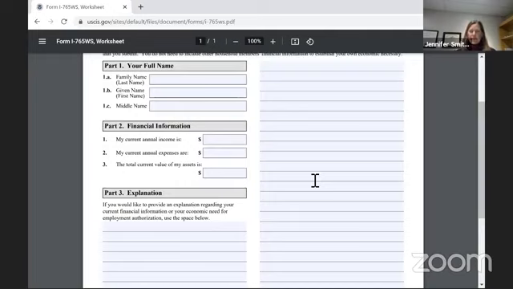Una otra parte de DACA es discreción. El gobierno tiene el poder para negar su aplicación si quiere.